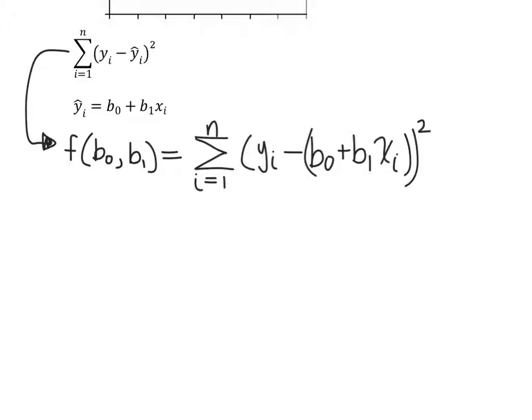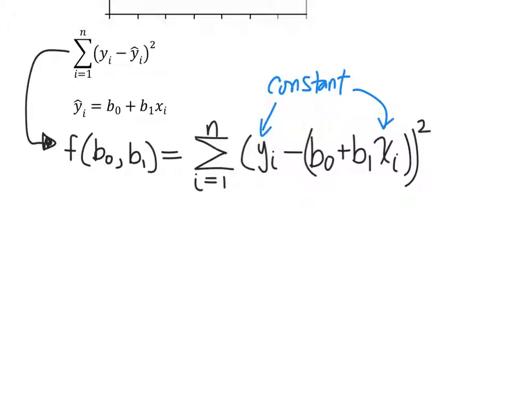If I said x sub 3 and y sub 3, I'm talking about the ordered pair, the third x value and the third y value. But ultimately, they're particular numerical values. So what that means for us is that we're treating them as constant. All right, everything else is variable.